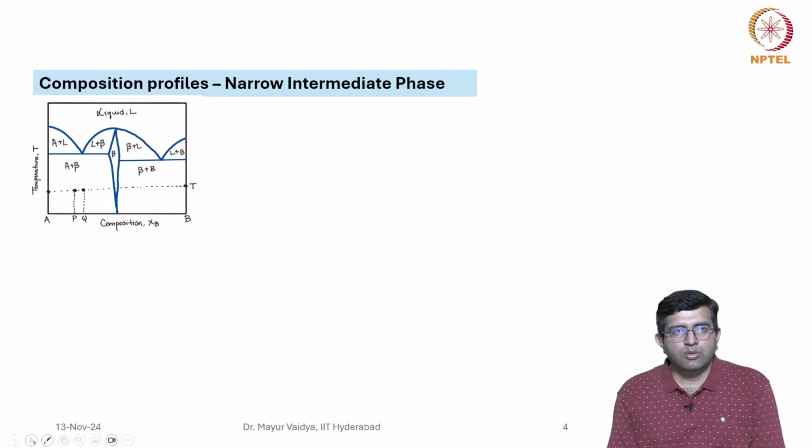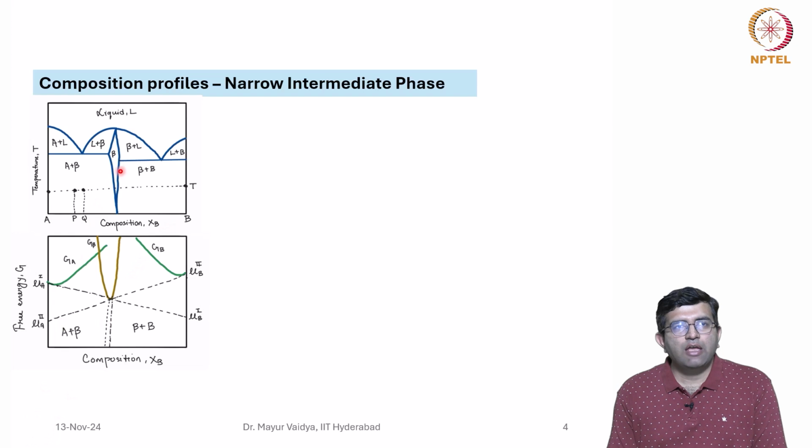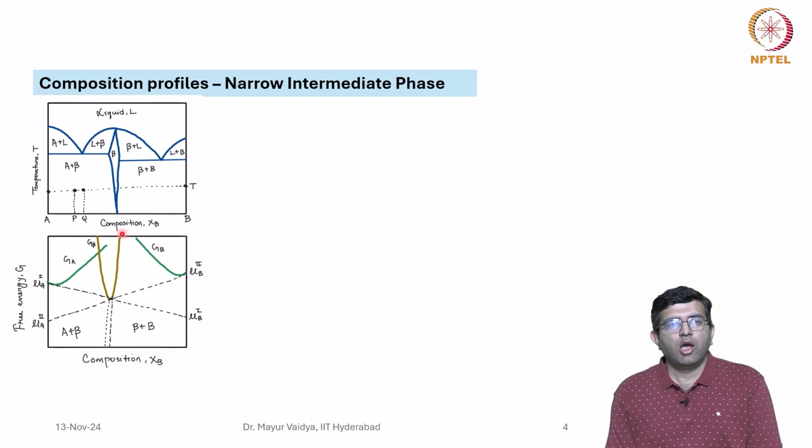Now, suppose I want to draw the free energy versus composition diagram at this temperature T, how does it look like? So, this green color phase is the GA. Why we are writing GA here is because there is no terminal solid solubility.